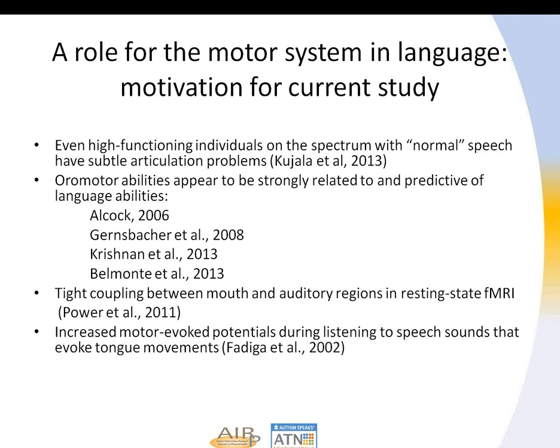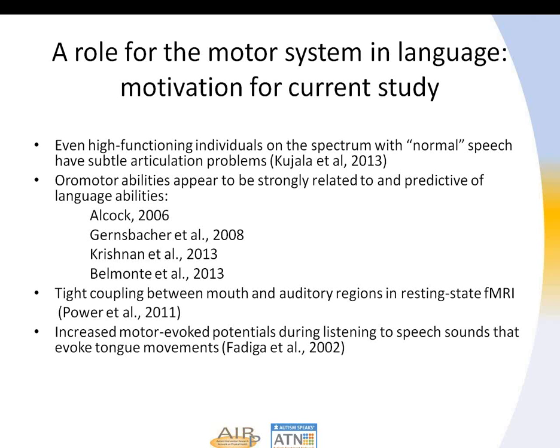So, for example, if we think of a very well-known measure in the field, namely non-word repetition, it's clear that oromotor control has predicted the most variance in non-word repetition abilities. And since non-word repetition has come to be accepted as a clinical marker of language impairment, it was also used with the KE family in England.